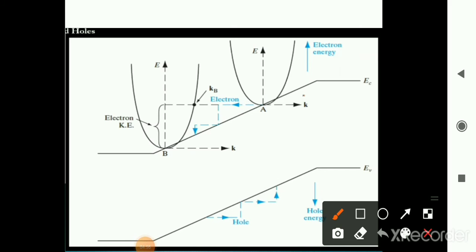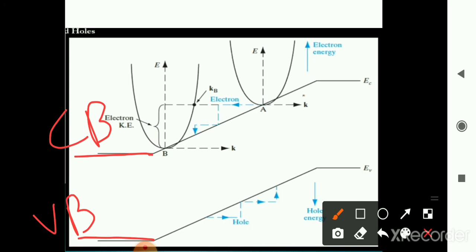When we give an electric field to the conduction band, the energy band, that is the conduction band, and this is our valence band, will get a slope like this.